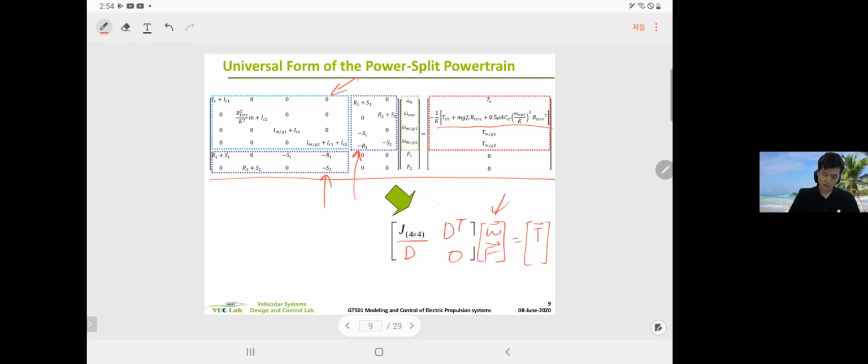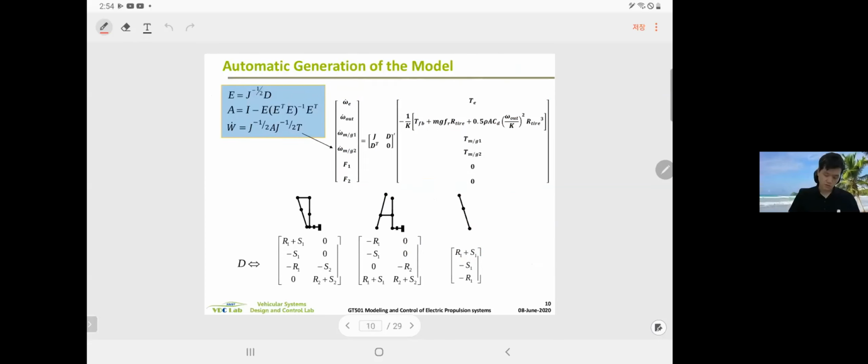Let's start with omega and J, and then T. Once you set up the state vector, you lay out each state, or shaft rotational speed: omega E, omega out, mg1, mg2 for a compound split, so 4 states, right?